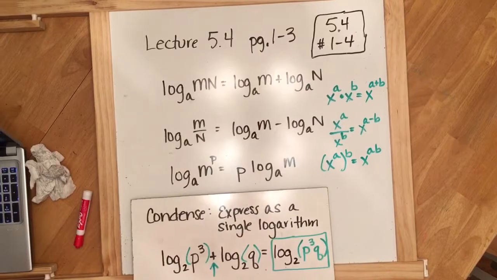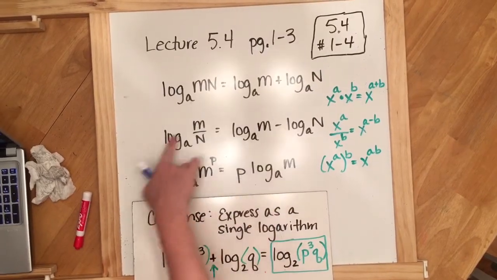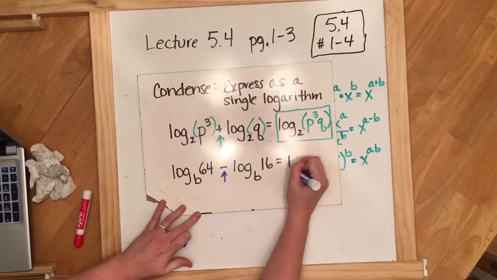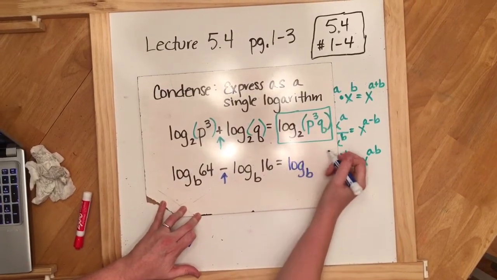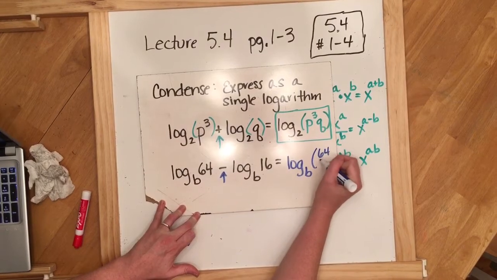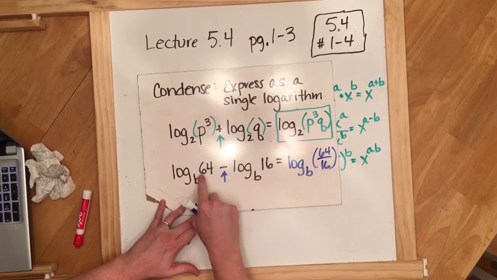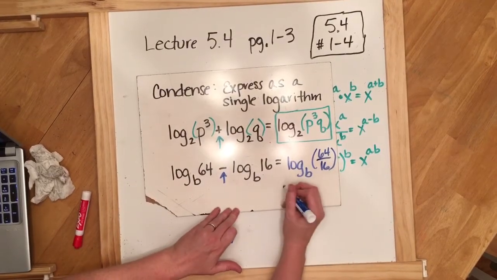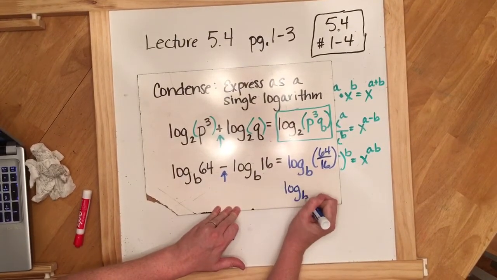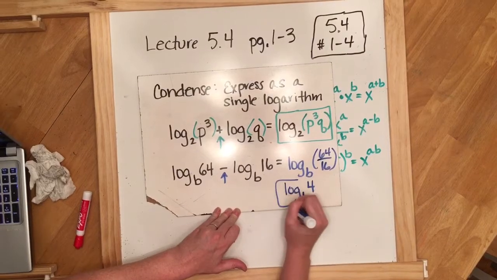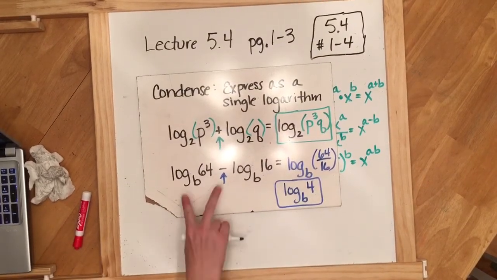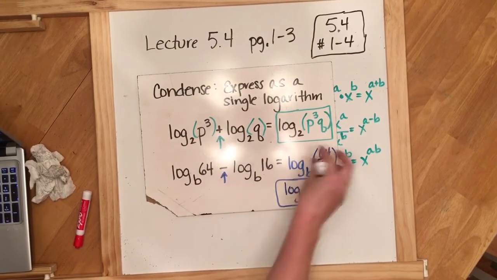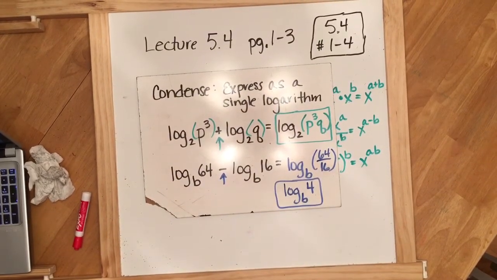And then if we go back to our properties, we're going to use the quotient rule where subtraction needs division. So this would be log base b of 64 over 16. The first term needs to be written as the numerator. And we can go ahead and simplify that. 64 over 16 is 4. So we have condensed. We have taken two logarithms and written it as one logarithm.